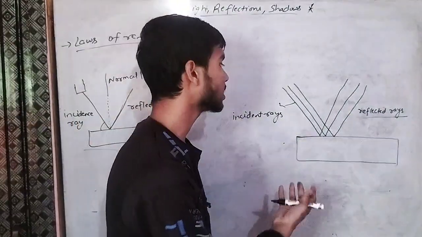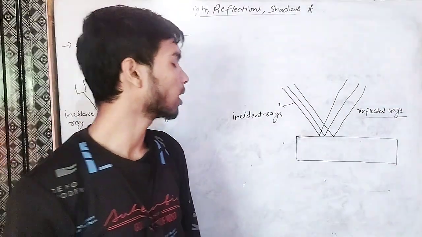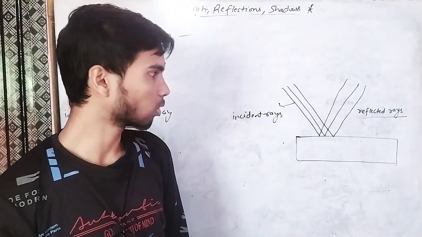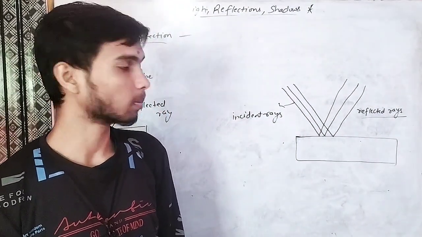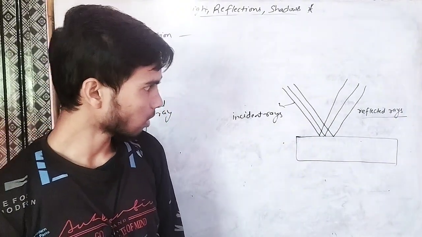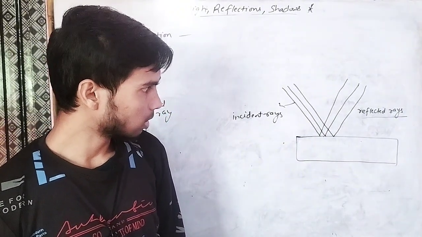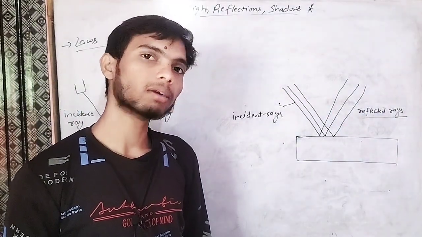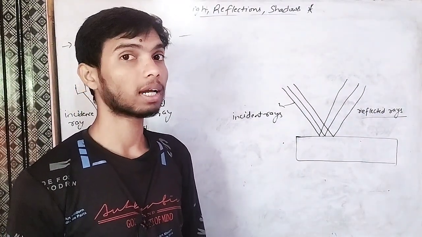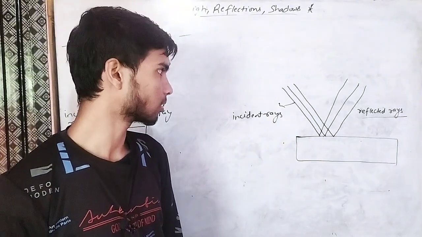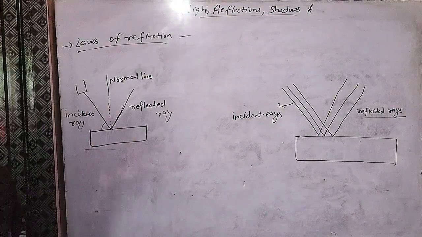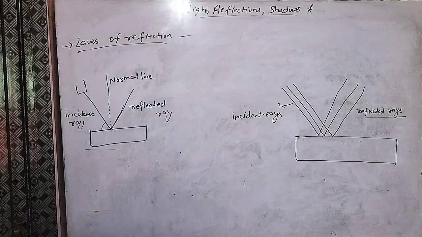Now parallel rays are hitting the surface of a plane object, then at a similar angle they turn into another direction.